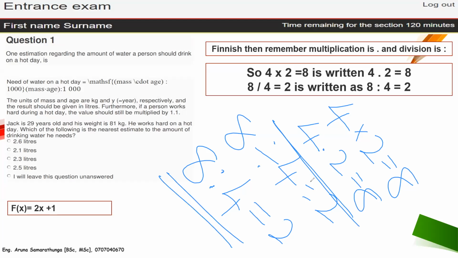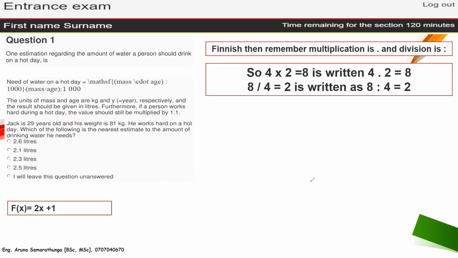Okay, so another thing. In the world we know this is 3.2, but in Finland they write it with a comma.